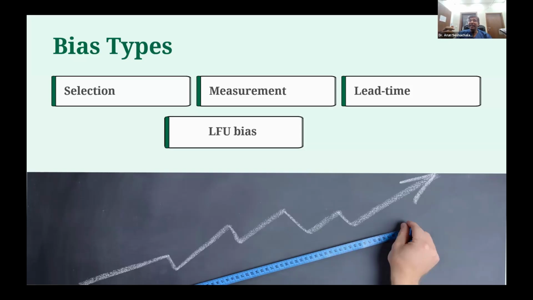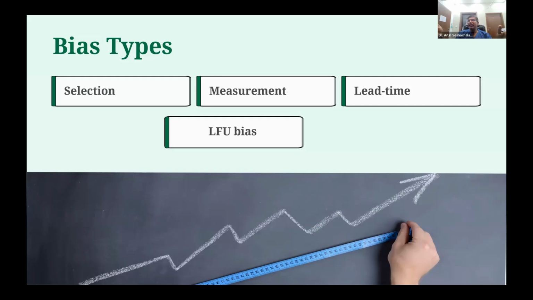Lead time bias. Lead time bias is in most of the screening studies. I do mammogram for all patients and I calculate survival. Okay, so there will be some breast cancers which are so indolent that even if picked up by mammogram, the patient without treatment will be going on for years. So I do a mammogram today and I diagnose a breast cancer by mammogram.